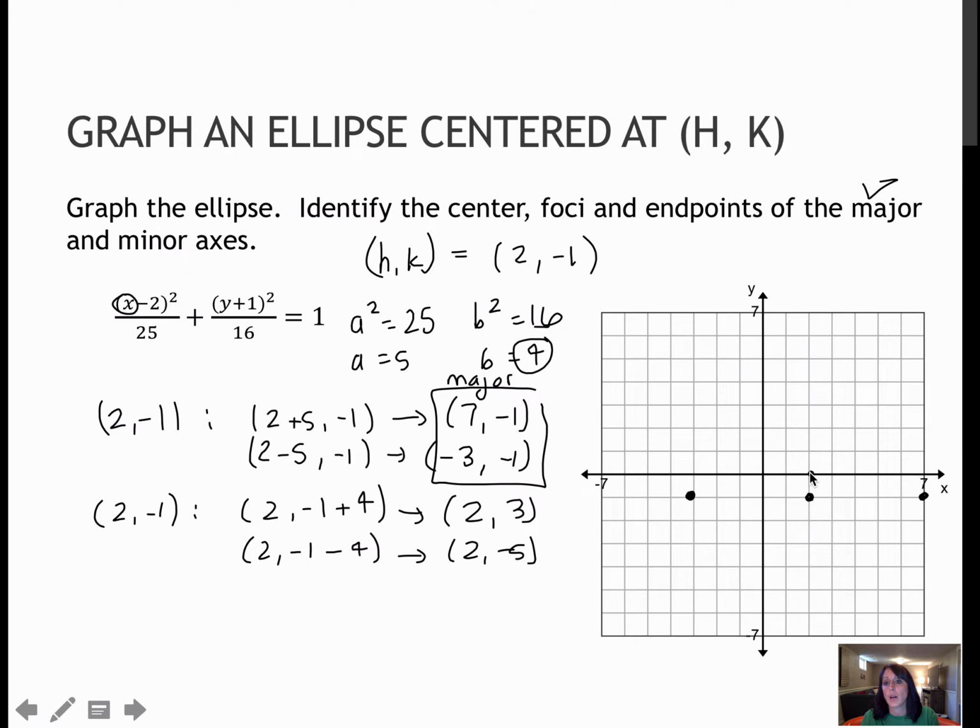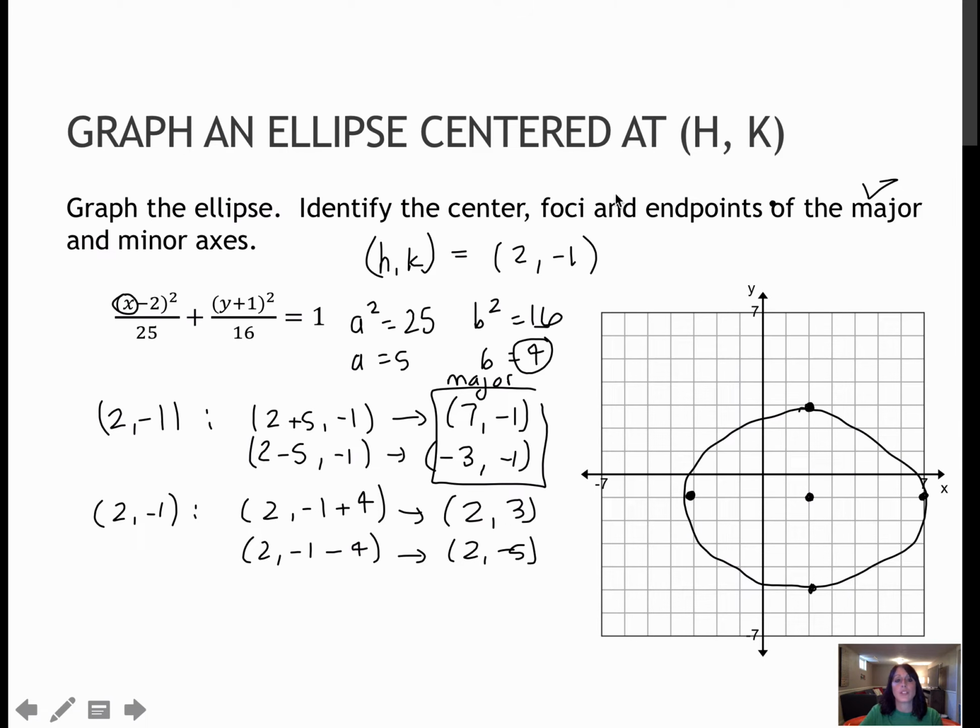The other option there, just as last time, is to just start here, count 4 units up, put a point, count 4 units down, put a point. So this is the graph of my ellipse.